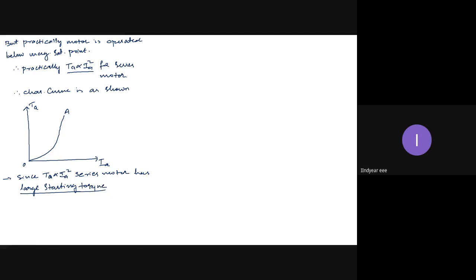So I can apply heavy loads on it and start it. Therefore, it is more suitable to use with heavy loads.